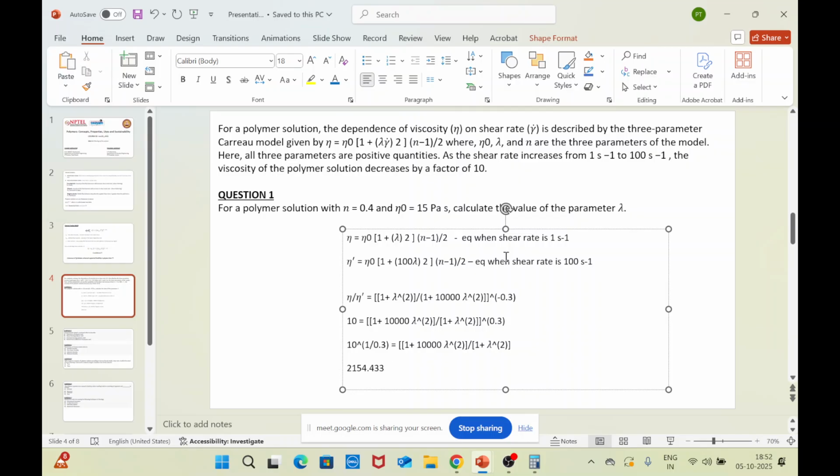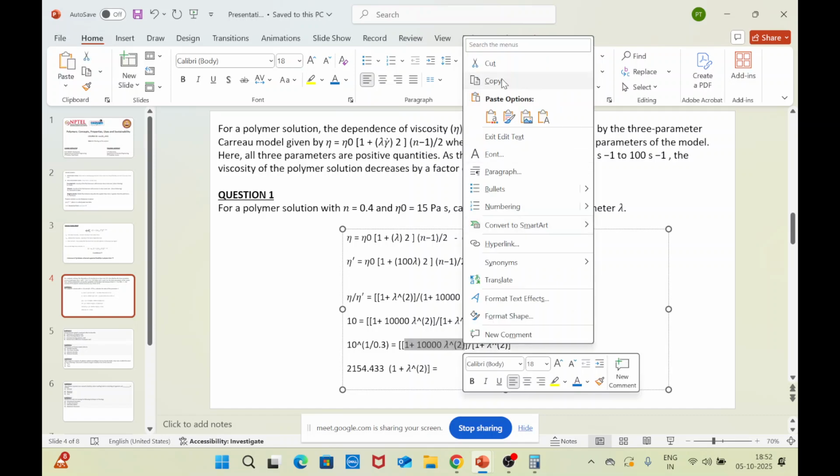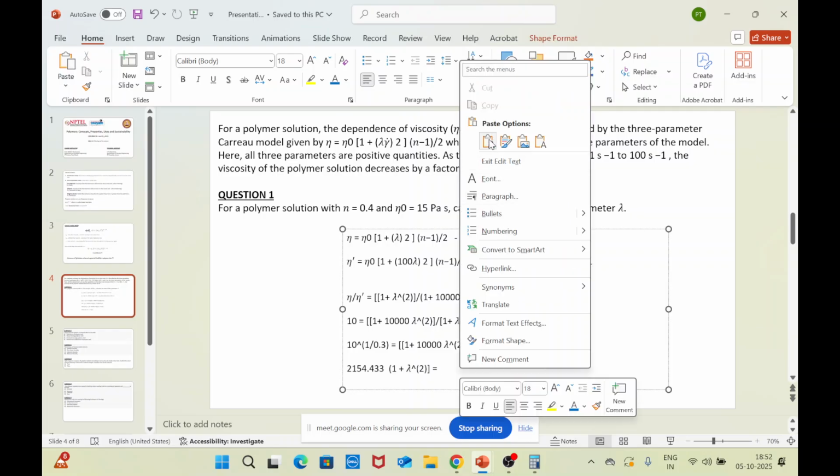This times 1 plus lambda square is equal to 1 plus 10,000 times lambda square.